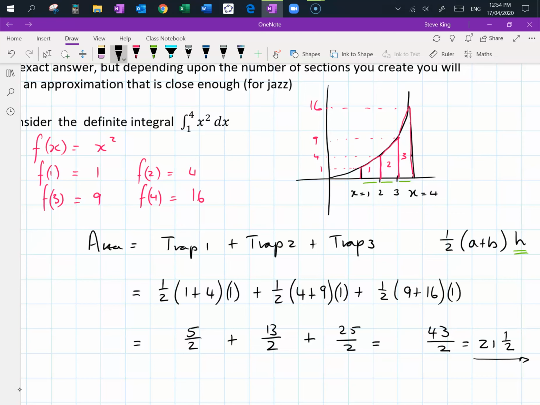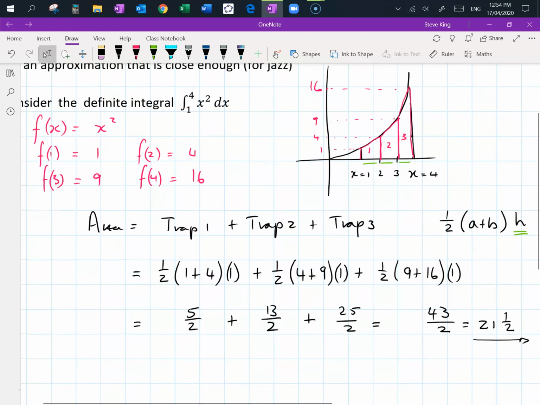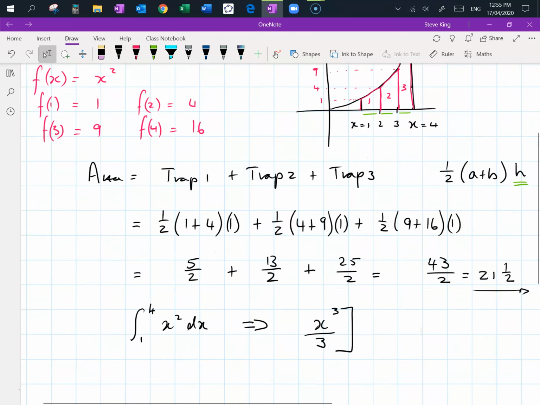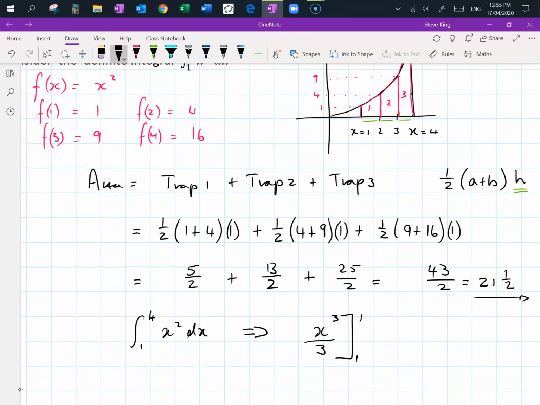So that's the area. Now, we can go and do this as a definite integral because it's an easy enough integral to work out, between 1 and 4 of x squared dx. Well, x squared becomes x cubed over 3, between 1 and 4.